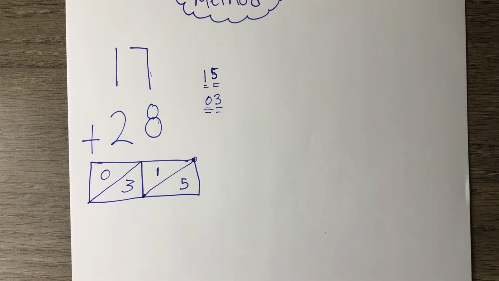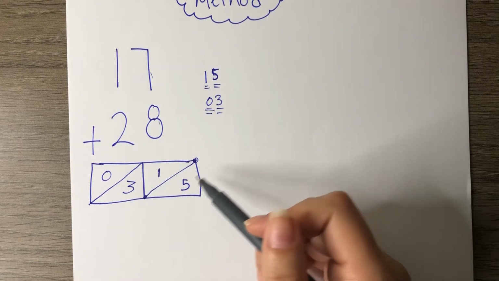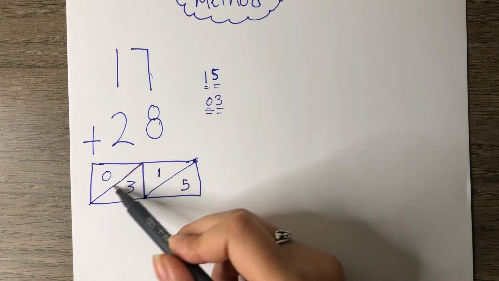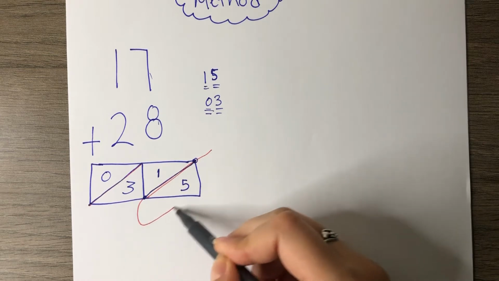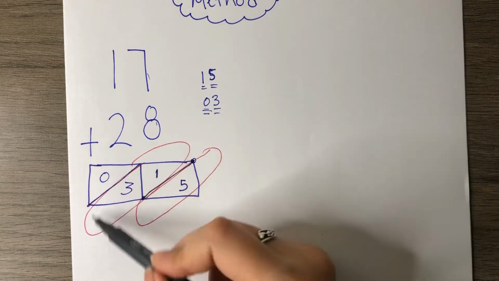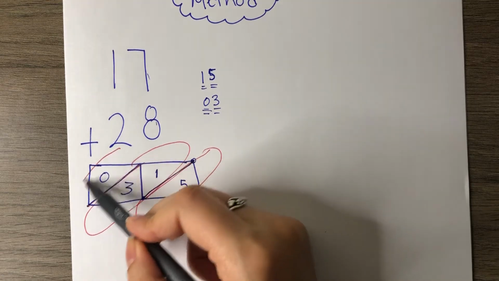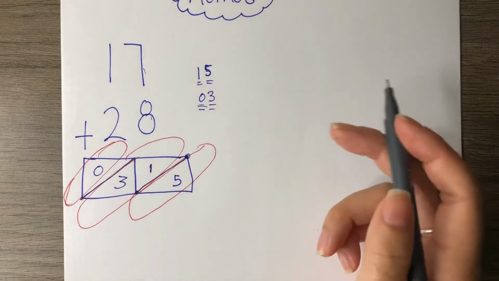Now our next step is, wherever we have diagonal lines, we want to make little groups like this. And I like to draw circles around them so our numbers are separated.